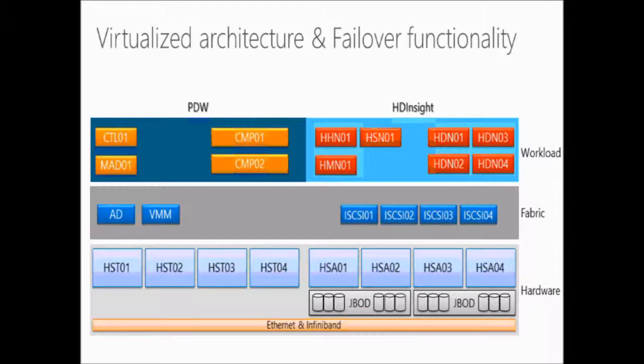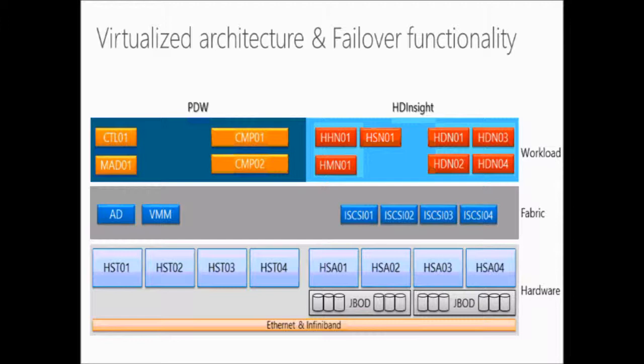The fabric layer consists of basically a Hyper-V cluster, which allows us to run our virtual machines on top of this hardware layer. And our virtual machines can run on any server, or can use any network interface for high availability.